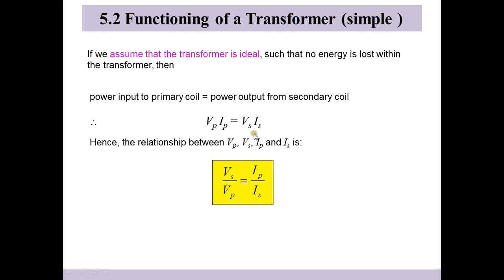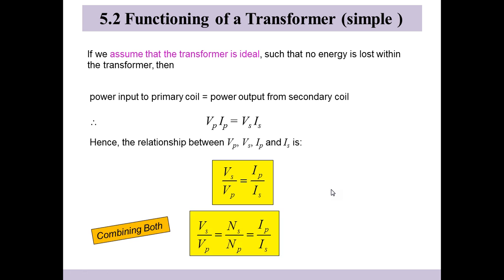If we rearrange, we have Vs over Vp equals Ip over Is. That is to say, the ratio of the voltage is inversely proportional to the ratio of the current. If we combine both, then we can write out this equation.